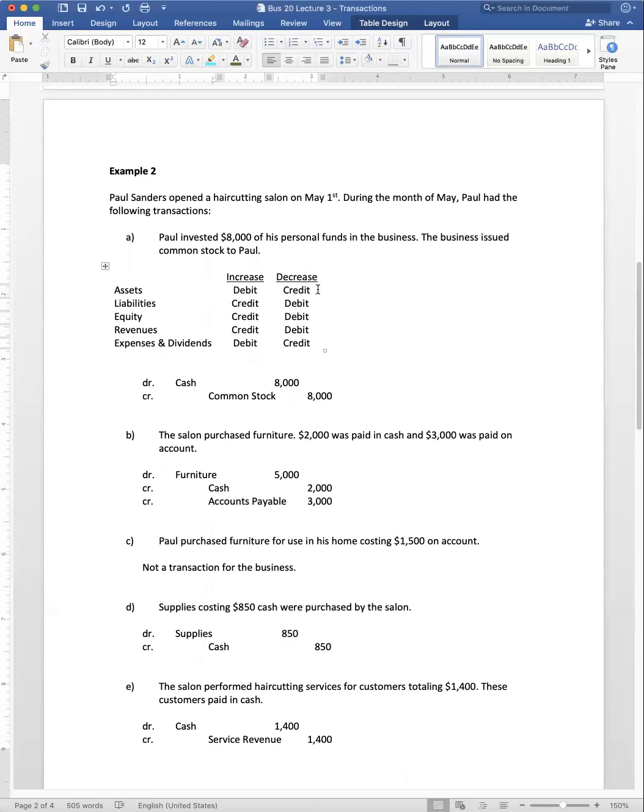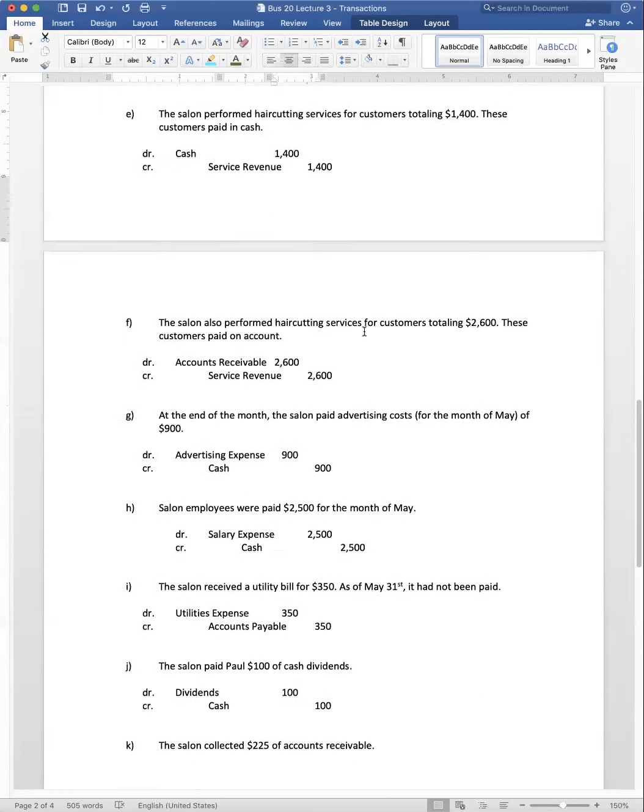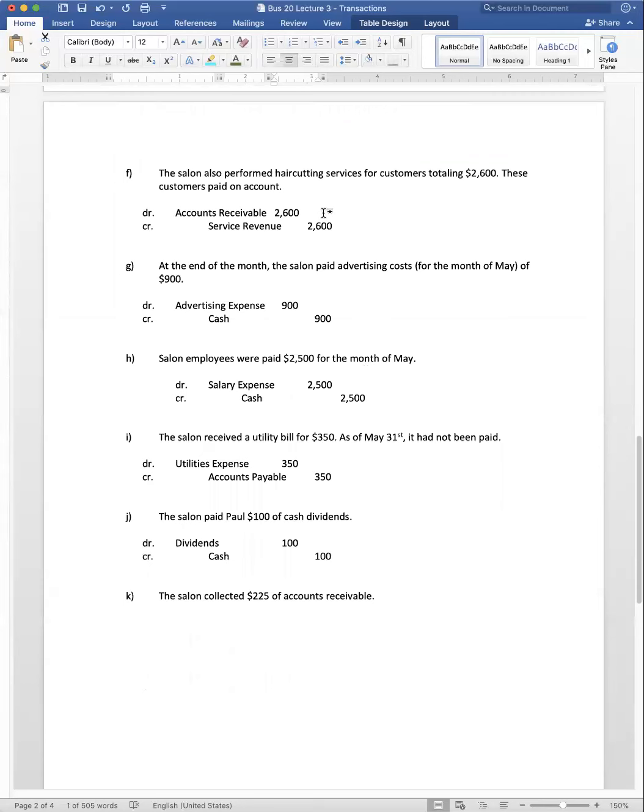Well, since these people are now paying us, we now have fewer people who owe us money. So that's a credit, a decrease to accounts receivable. But it makes sense because we debited when those accounts receivable were created, when we did the work and they didn't pay. And now that they're paying us, we're going to credit accounts receivable. So let's put that in.